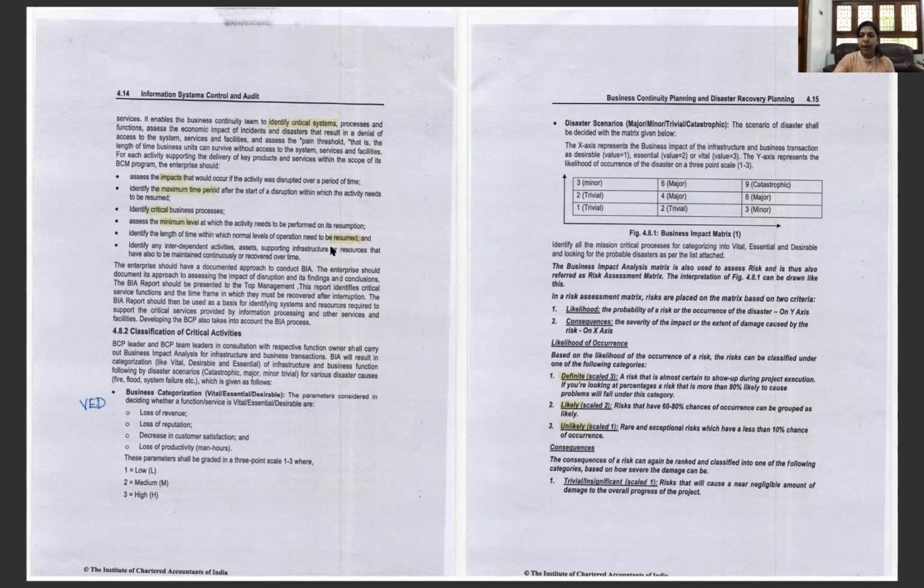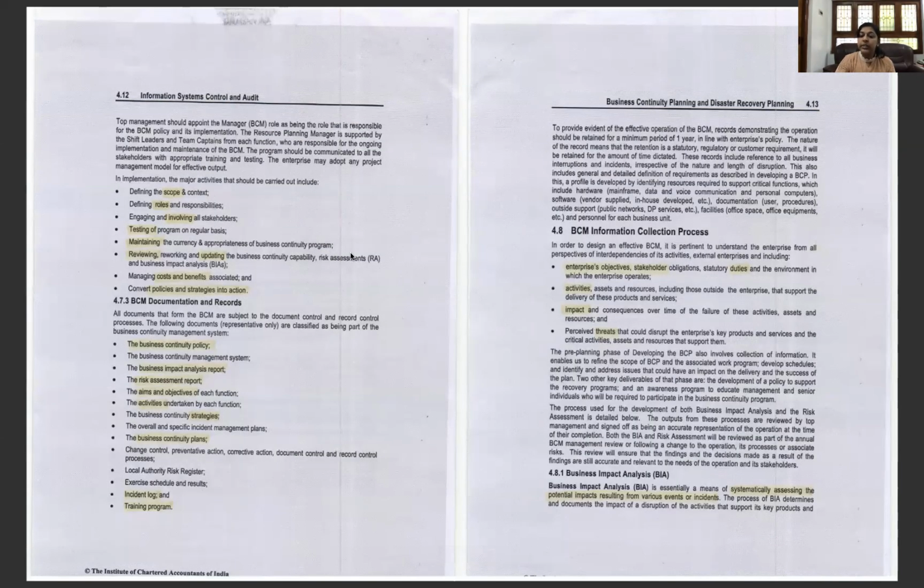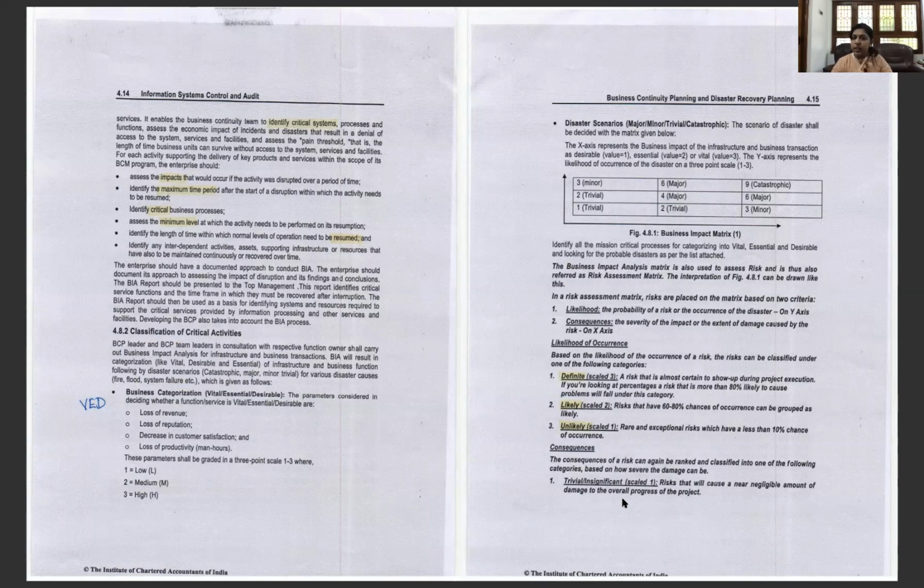So in business impact analysis, we are systematically assessing the potential impact from various events. So what the impact is, is what we are going to study here. There are so many events. How? First, the critical system will be identified. Then we'll be identifying the impact.